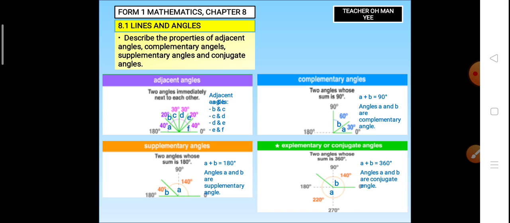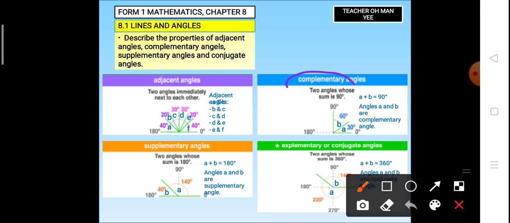Alright, so class, complementary, supplementary, and conjugate angles are types of adjacent angles. They just depend on the summation of these two angles. If we get 90 degrees, it means complementary. If we get 180, it means supplementary. If we get 360, it means conjugate angles, or we name them explementary angles.